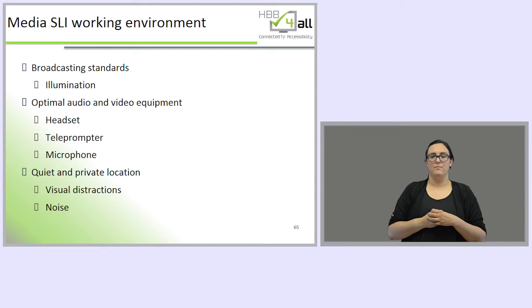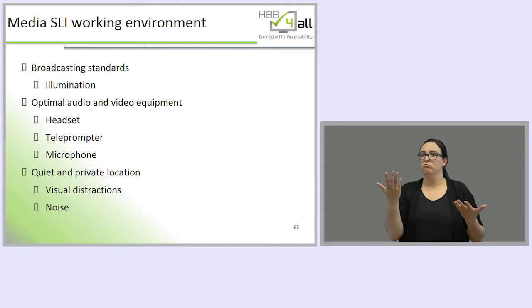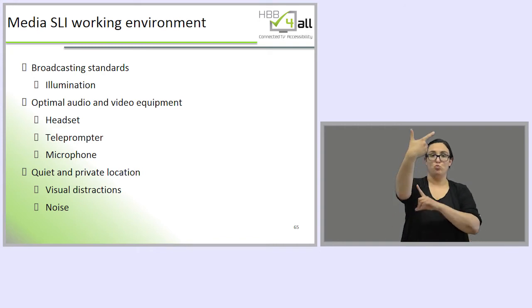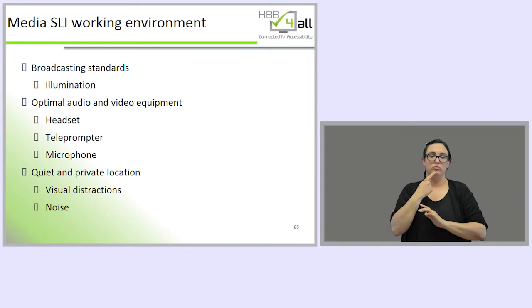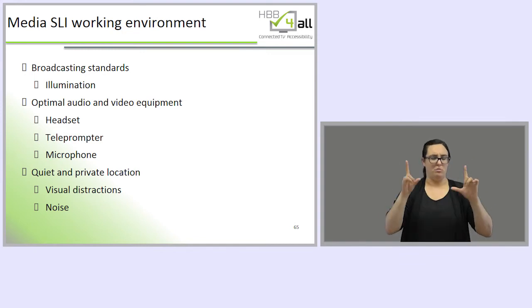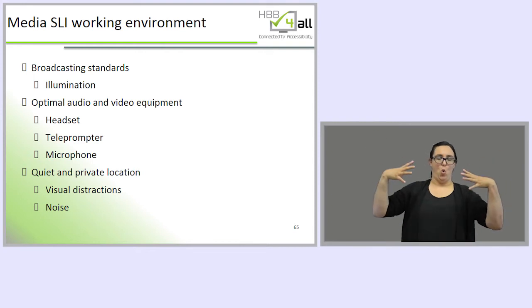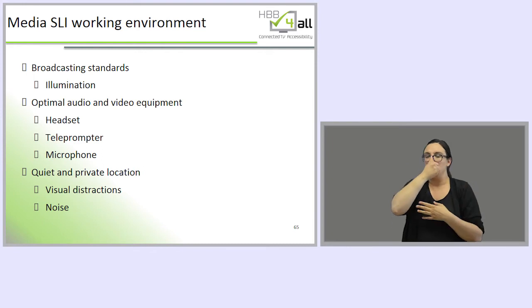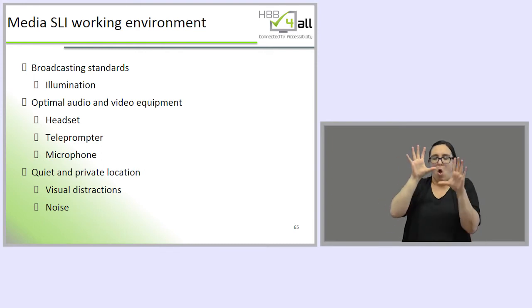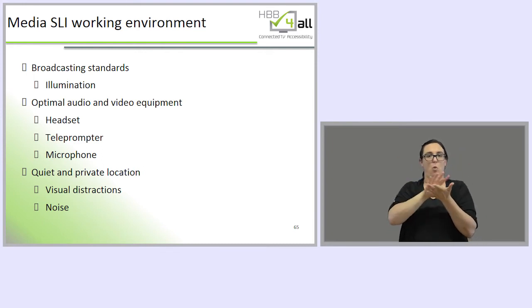It is also important that the working environment of the interpreter is appropriate. First of all, when filming an interpreter or a signer, all broadcasting standards should be met. Especially, it is important to have good illumination so that the articulators can be clearly seen and there are no shadows or dark parts, so that the language can be fully appreciated.